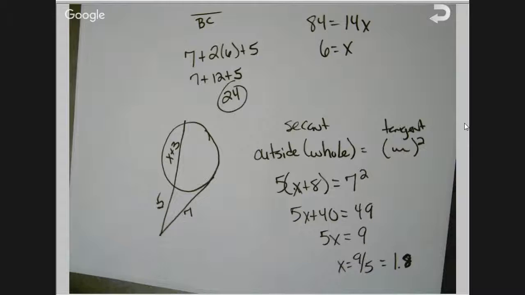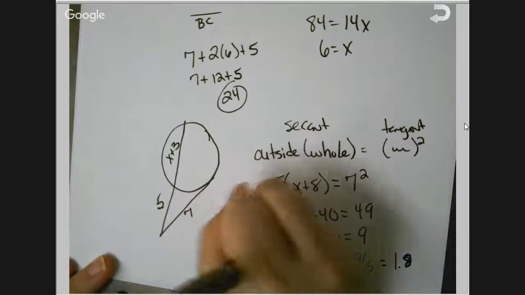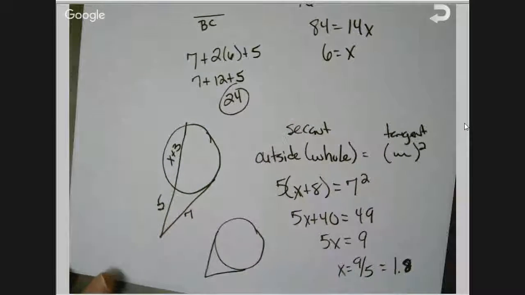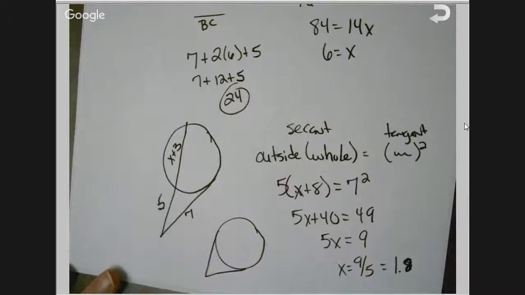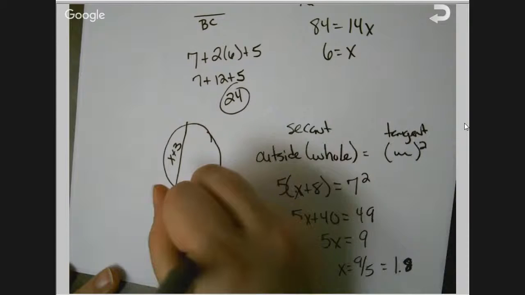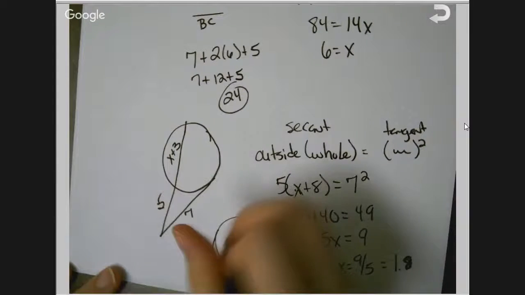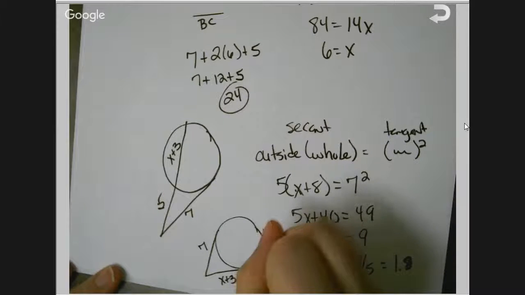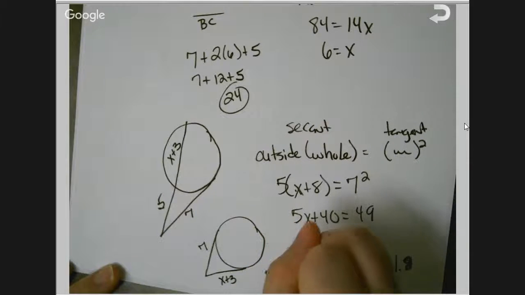Okay, so tangent's always squared. Secant is always the outside times the whole line. So if it's a tangent and a tangent, they're always going to be the same. So if I had a circle here, because it's something squared equals something squared, it's always the same thing. So even if I had like 7 here and x plus 3 here, it would be 7 squared equals x plus 3 squared.